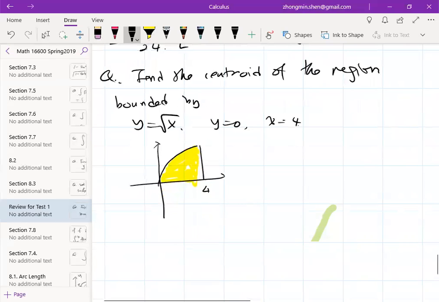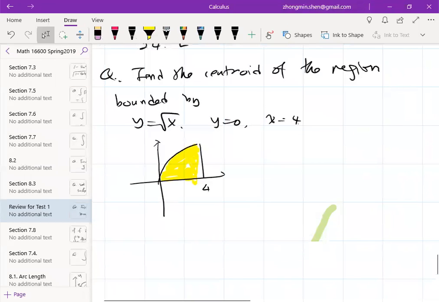So, step 1, you write down all the integrals before you do them. The center will be (x bar, y bar). x bar is going to be, this is just the region under the graph, so it's 1 over A times the integral from 0 to 4 of x times the function.